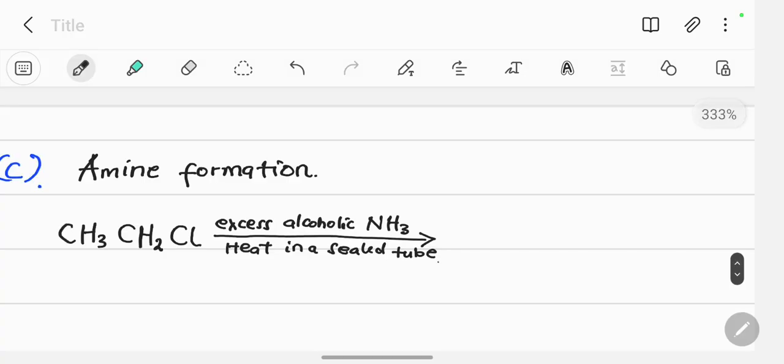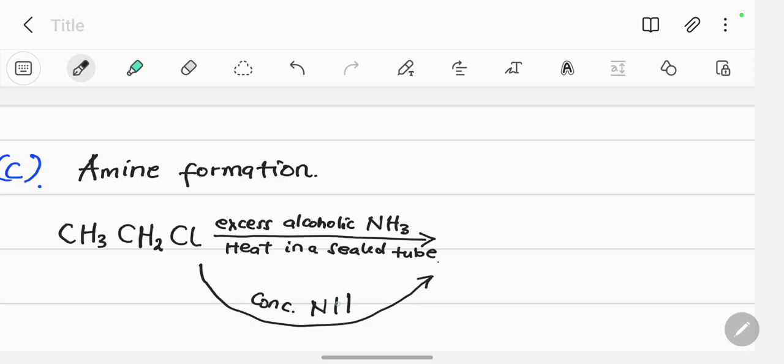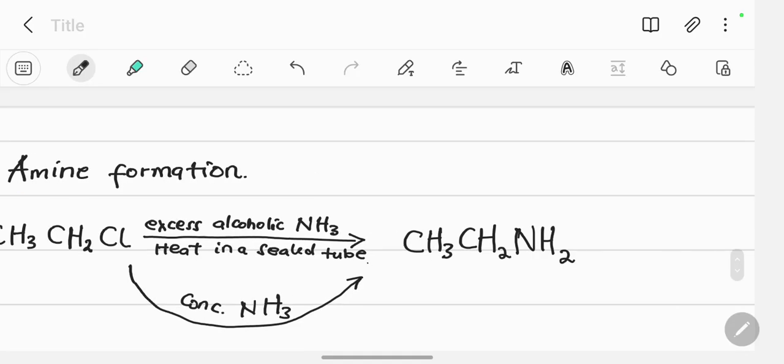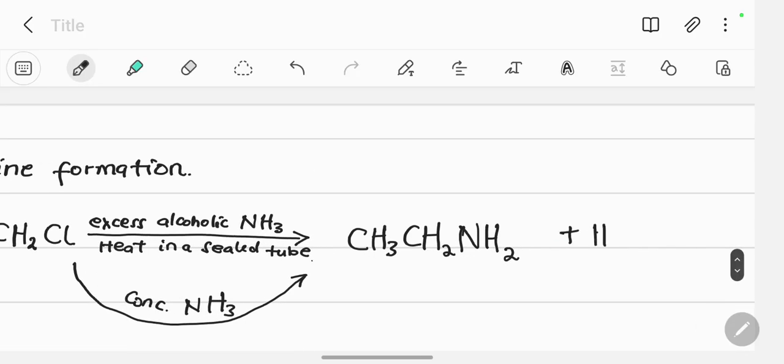So you're seeing that heating in a sealed tube, some books are going to only give you maybe concentrated ammonia. So some books say just use concentrated ammonia. It all gives you CH3, CH2, and NH2 plus hydrogen chloride.